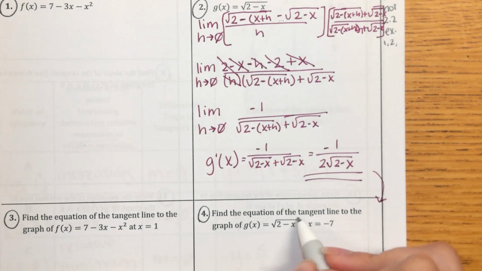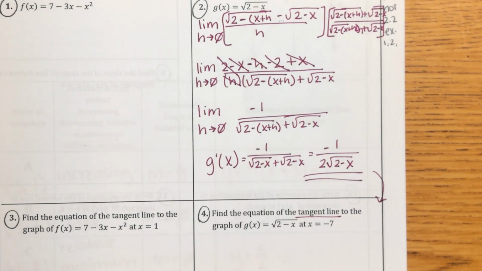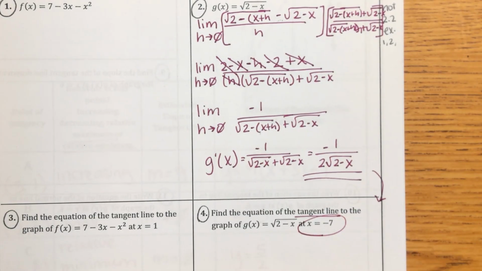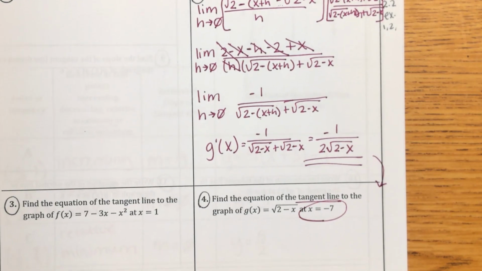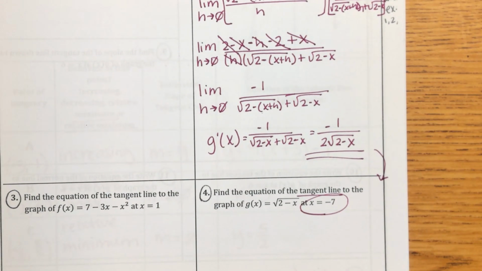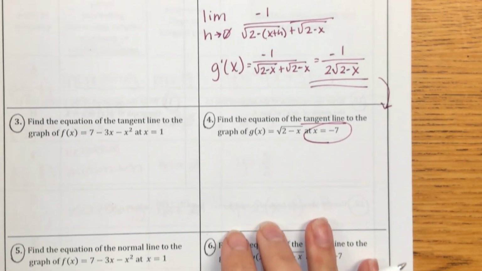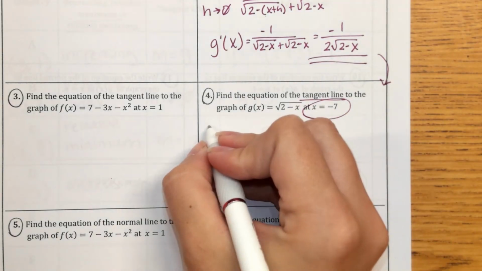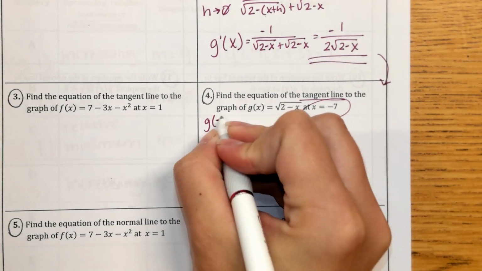So we're going to find the equation of our tangent line at our point x is negative 7. So the first thing we need to do is find our f of x value or our y value at negative 7. So I'm going to plug in negative 7 into my equation.